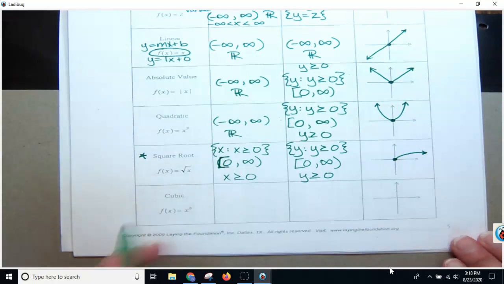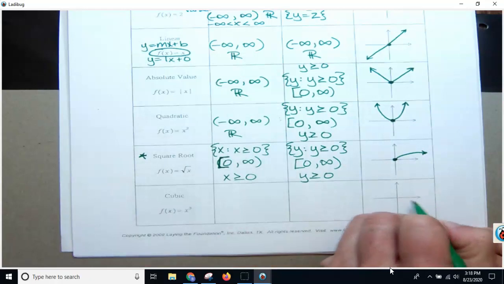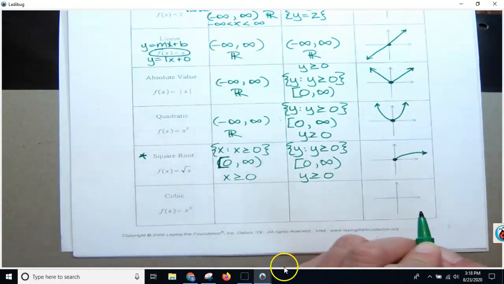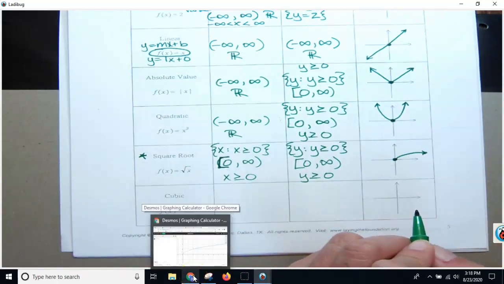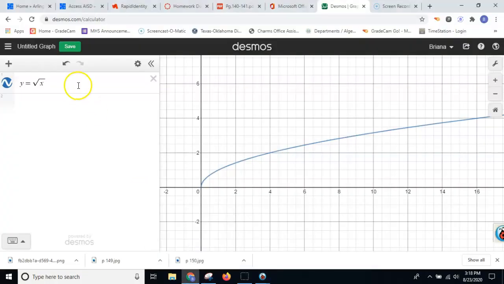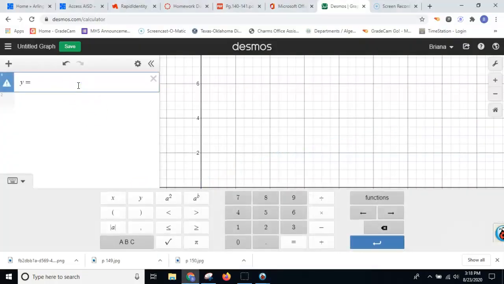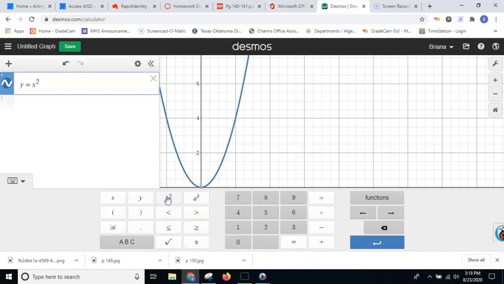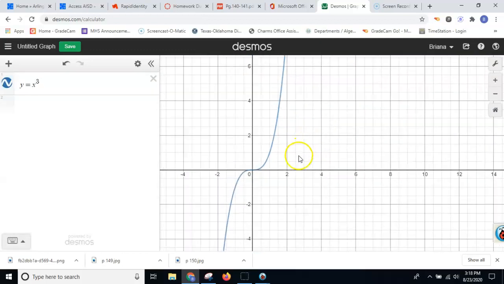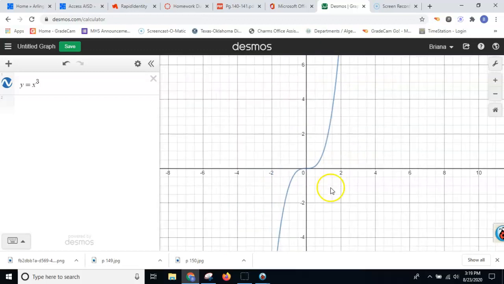And then our cubic equation is going to look, if you don't already know that, let's look at that and see what that looks like. This would be x to the third power. Let me see how to raise it. I think if I do that and I go back over here and pop 3 in there, that is the cubic parent function.